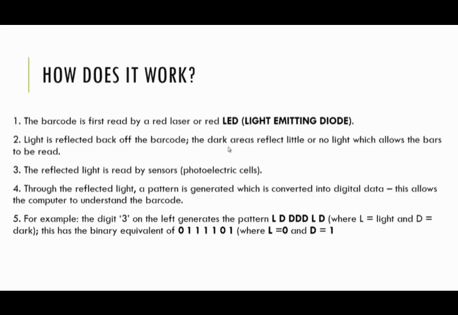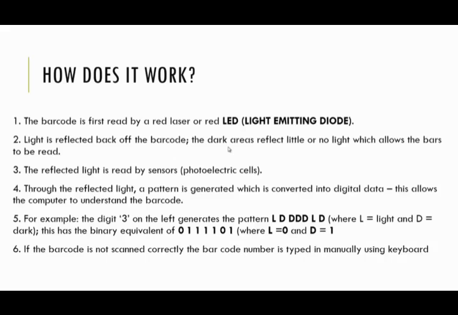We have already seen how the barcode is made, using this simple method of light and dark lines, where light is 0 and dark is 1. So when the light reflects back, it generates this kind of pattern, and then the pattern is changed into binary numbers, because the computer only understands binary numbers. If the barcode is not scanned correctly, the barcode number is typed in manually using the keyboard.